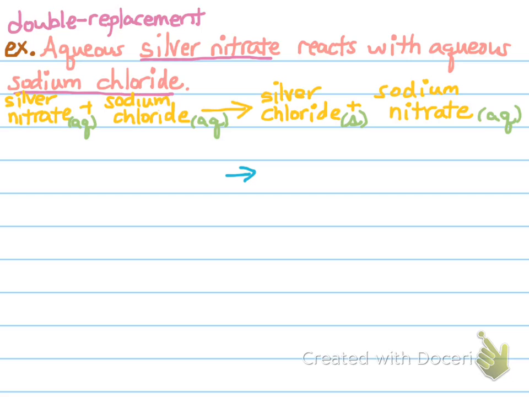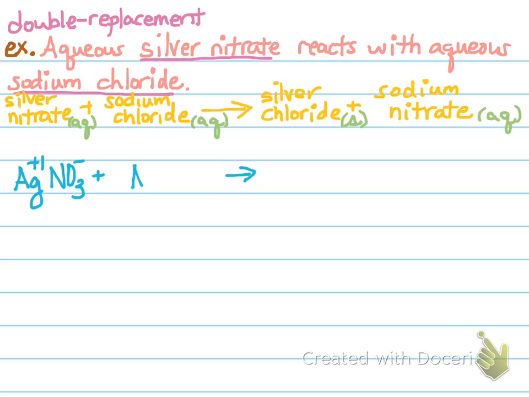Silver is Ag, and it's on your helper sheet. It only has one possible charge, so it's Ag with a +1. Nitrate that you have memorized is NO3 with a charge of -1, so there's nothing to do because I crisscross down once.